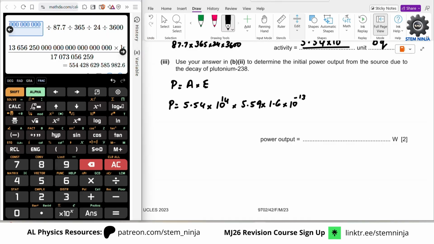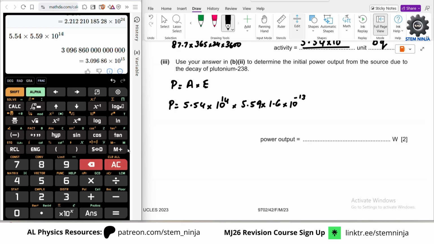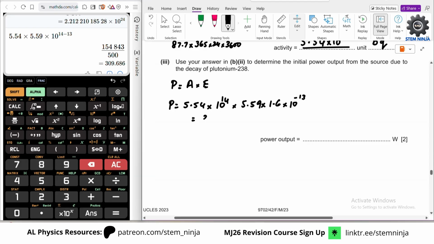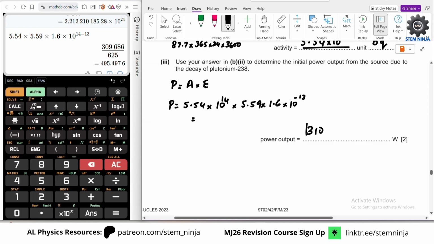Either way, that's fine. So 5.54 times 5.59 times 10 raised to power 14 minus 13. So this is 309.6, so this is 310. Sorry, I forgot the 1.6 over here. Right, 495.